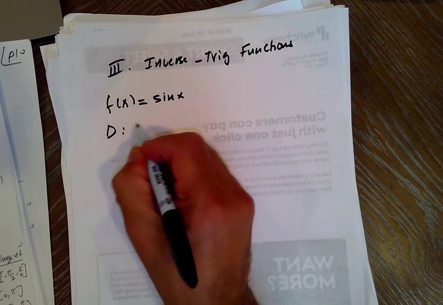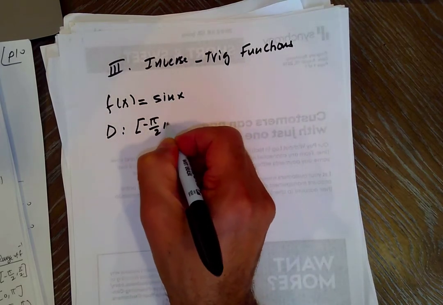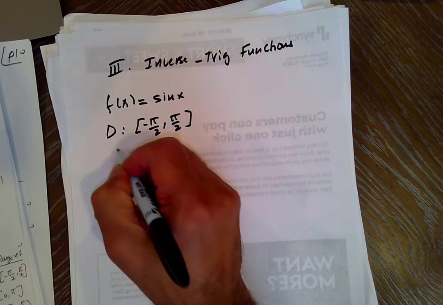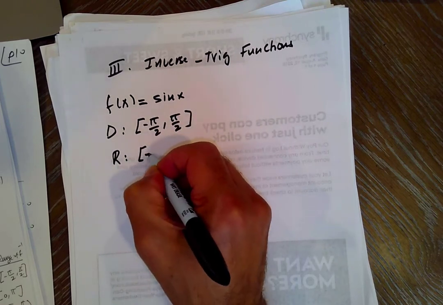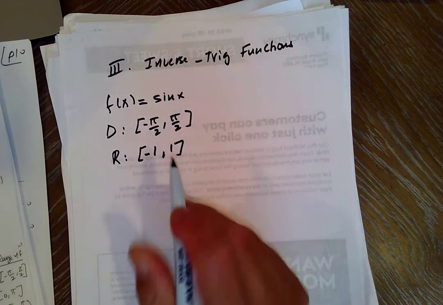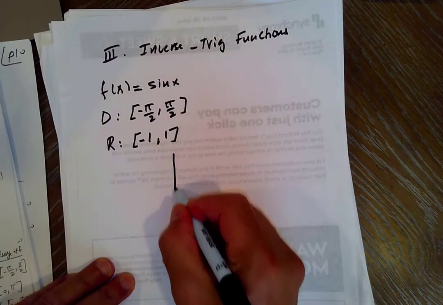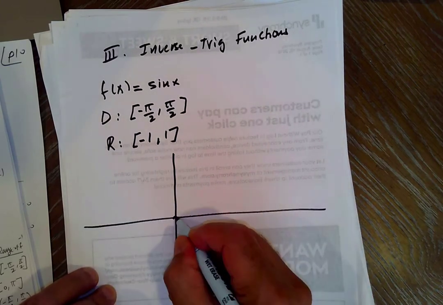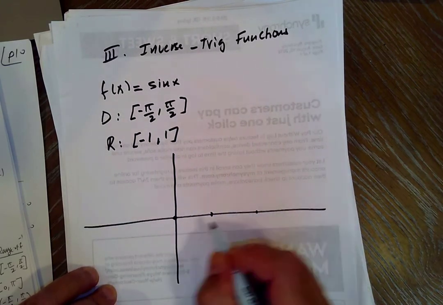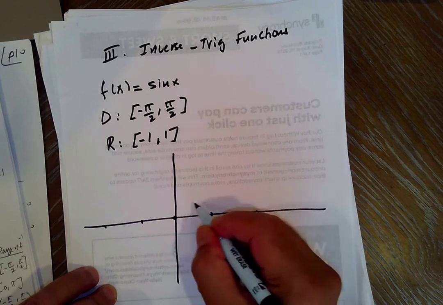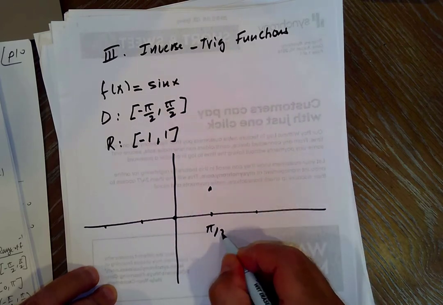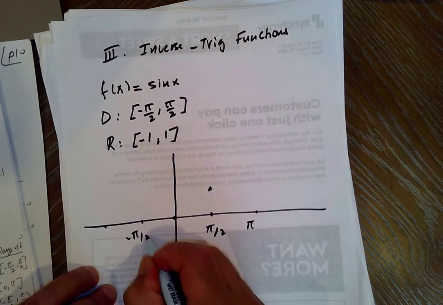We know the domain is negative pi over 2 to pi over 2, and the range is negative 1 to 1. Why do we do negative 1 to 1, although the range is all real numbers? Okay, because if you look at the sine curve, you can graph it in your calculator.